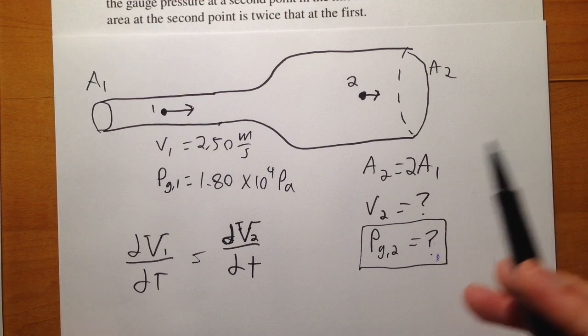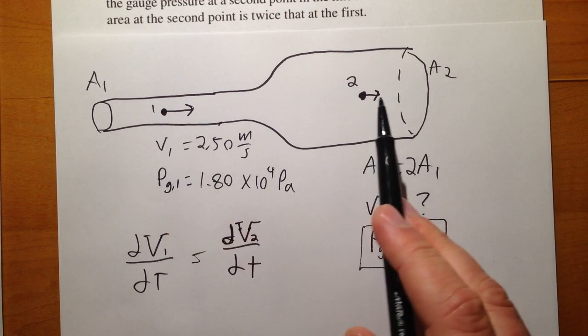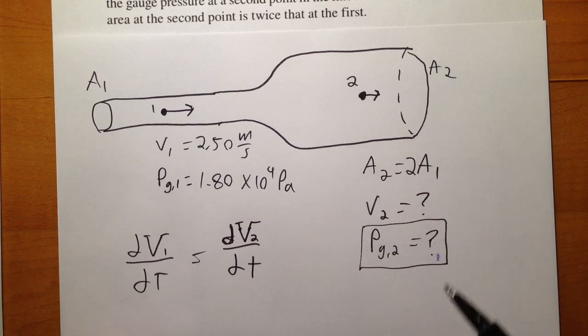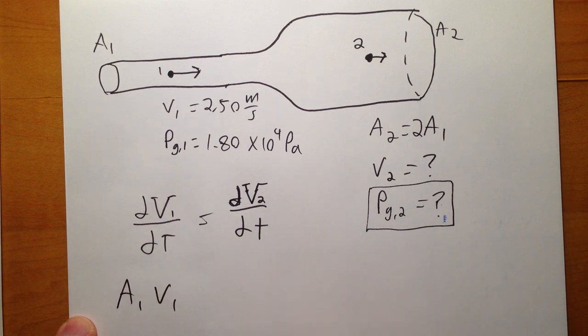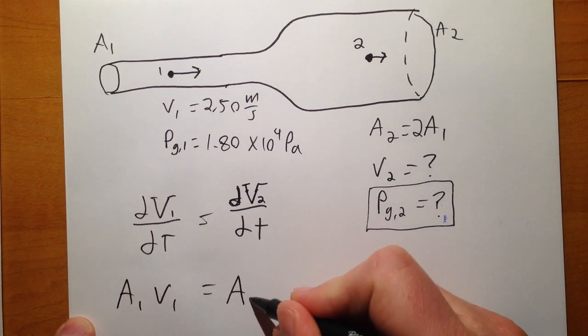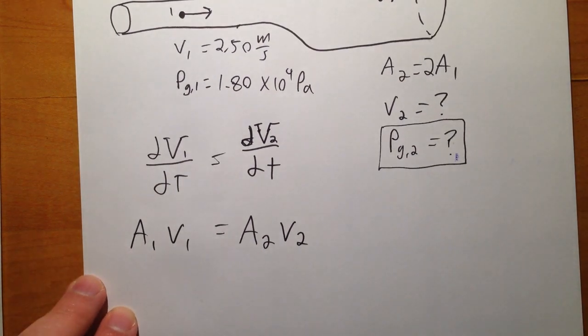Okay. I also know that as the cross-sectional area changes, I can rewrite my volume flow rate in terms of the area of the pipe and the velocity of the fluid. All right, so I can rewrite the continuity equation in this way. Both of these equations will be on your equation sheet.